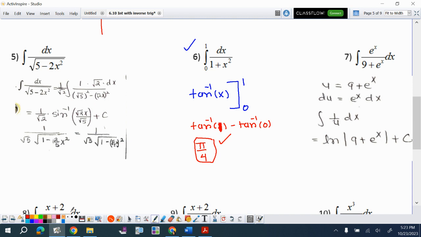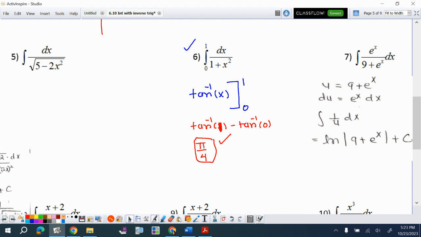Okay, so let's take a look at this one. If I rewrite, then a is the square root of 5.